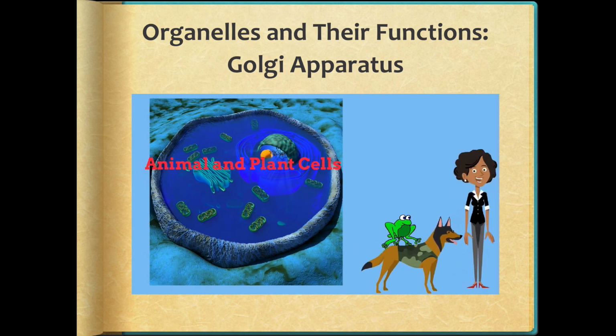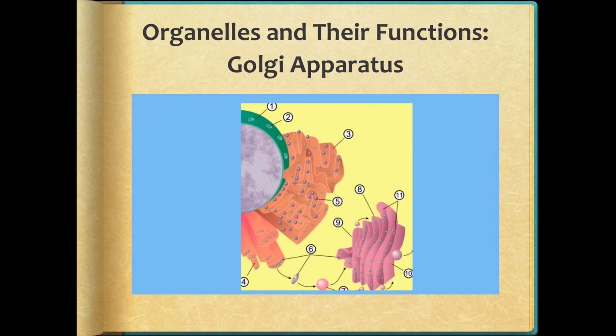First, the ER repackages proteins and biochemicals into vesicles. It then pinches these vesicles off and sends them to the Golgi apparatus.